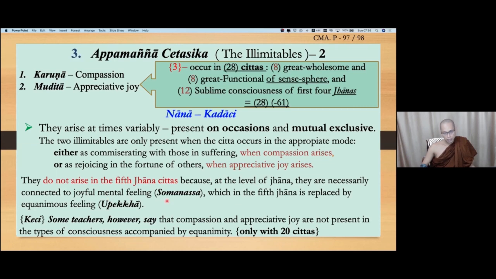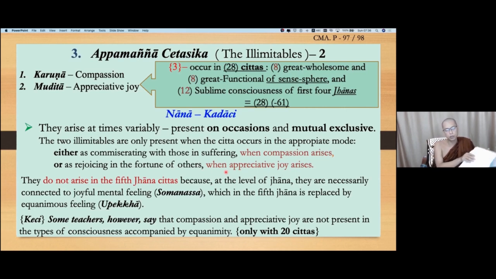They don't need that support from joyful mental feeling in the sense-pure consciousness, the sense-pure level. So these are the different views of the Abhidhamma Sangaha and the other teachers. According to other teachers, we need to know only 20 consciousness can arise with the illimitable mental factors.